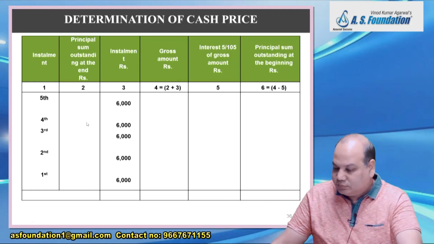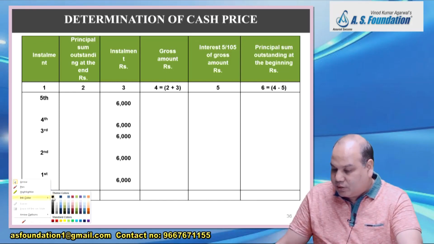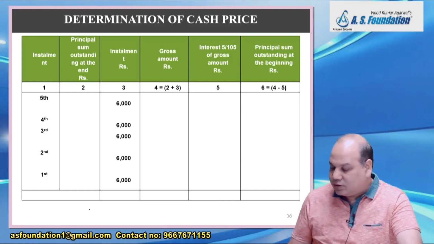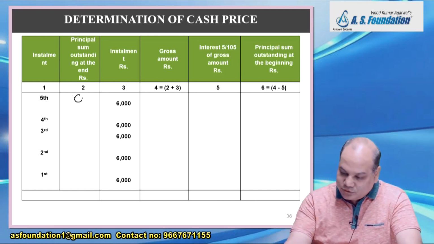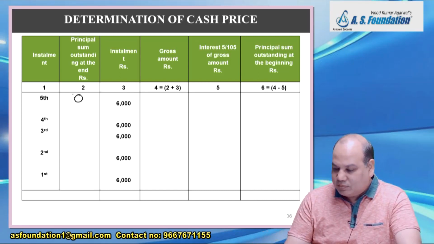Start solving. Column number 1, 2, 3, 4, 5, 6 written. Now write installment number 5, 1 line blank, 4, 3, 2, 1. First, what will be the first number here? 0, because the balance after paying the last installment should become 0.